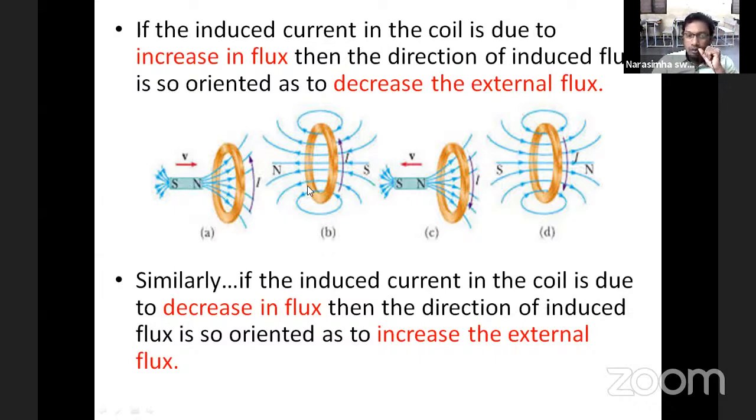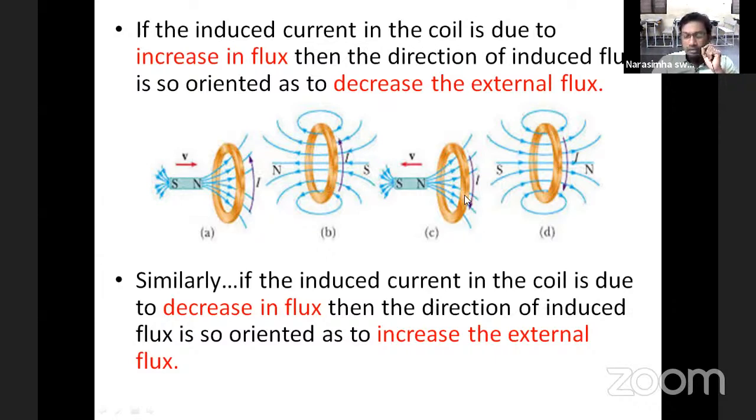So with this, we can conclude that we can identify the direction of the induced EMF, and it is opposing the cause.